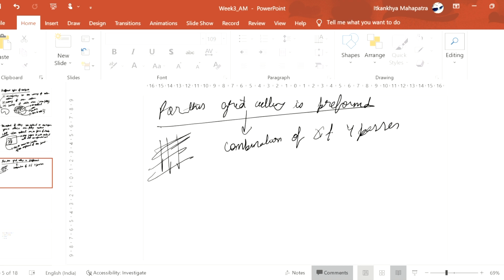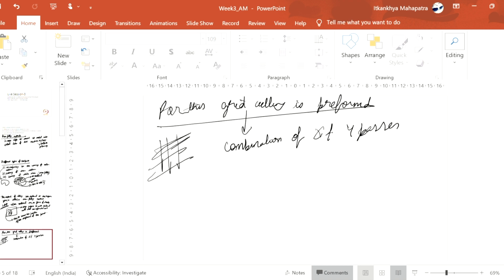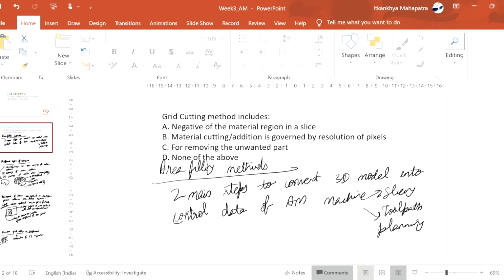Now moving to the question which we had. Grid cutting method includes negative of the material region in a slice; material cutting or addition is governed by resolution of pixels; for removing the unwanted part; none of the above.